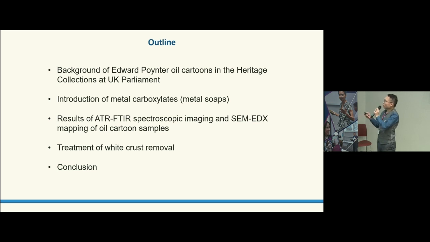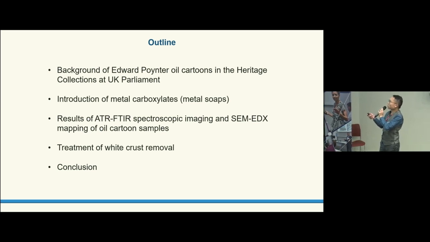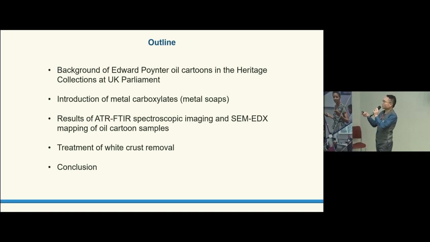Then I'll talk about the ATR-FTIR spectroscopic imaging results coupled with SEM-EDX results. And then I will briefly talk about the treatment of white crust removal, although I was not involved in this work, but I think mentioning it makes the presentation complete. And I will conclude with the key results in this study.